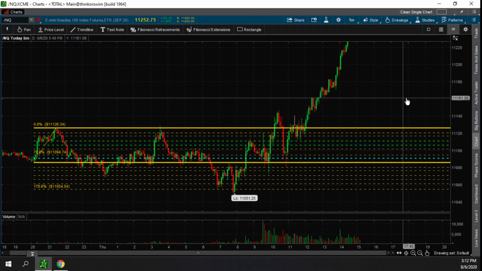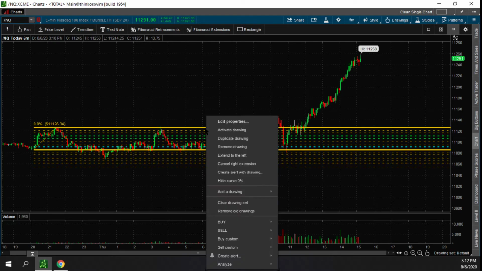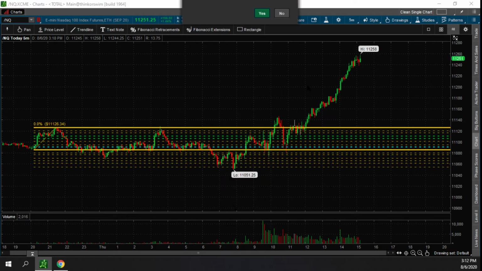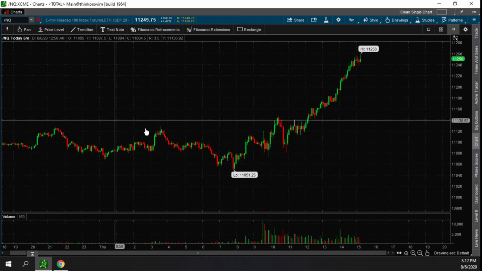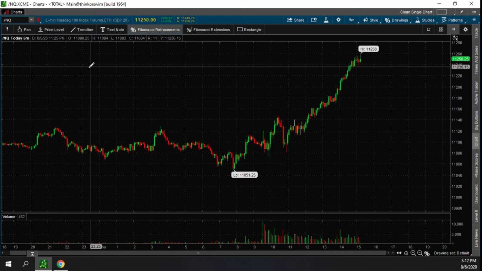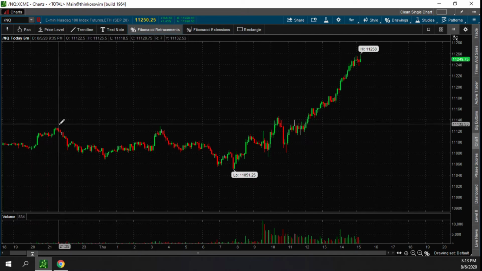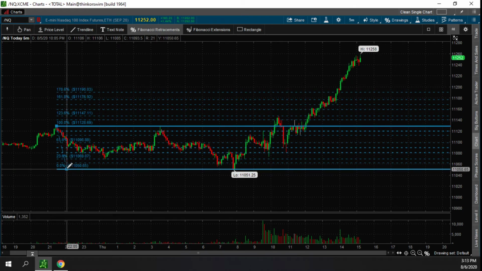Currently, this Nasdaq is still pushing up. It is still making new highs as of today. But that is one example of how to use the tool. The Fibonacci retracement is only 2 points, 1 and 2.